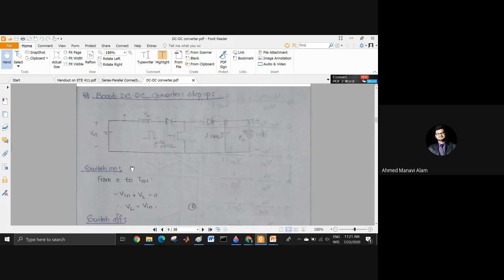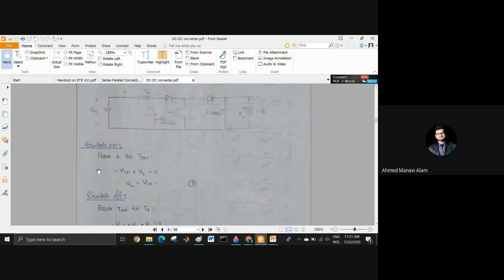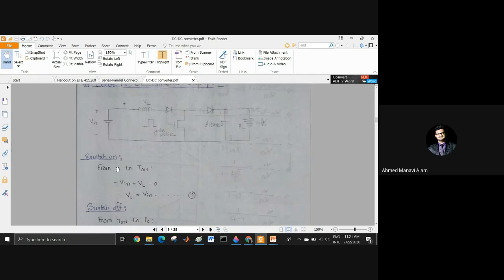Now there are two parts of the cycle: the on state and the off state. Whenever the switch is on, from 0 to T on, it is a closed circuit, so the circuit will be something like this. It is very important to understand this for intuition.